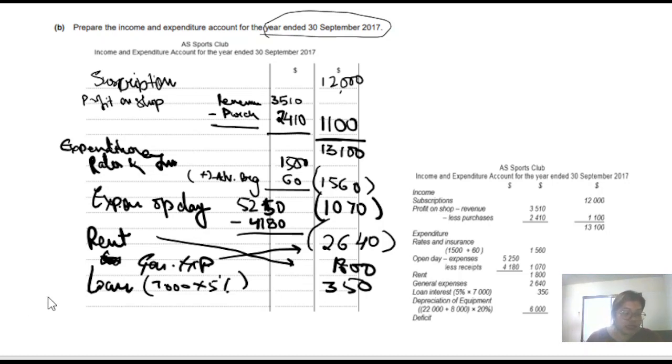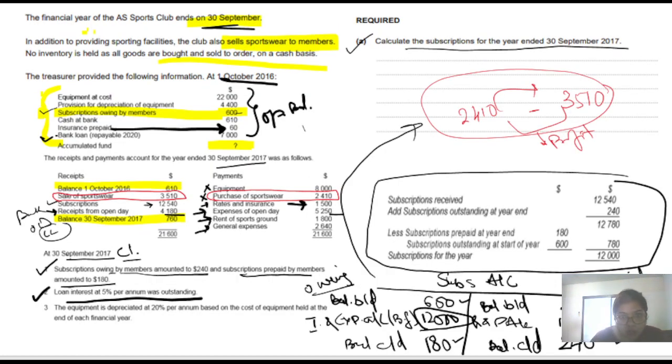And what else do you have to write? Depreciation on equipment. So what is your depreciation amount? What is your equipment? Equipment is 22,000.